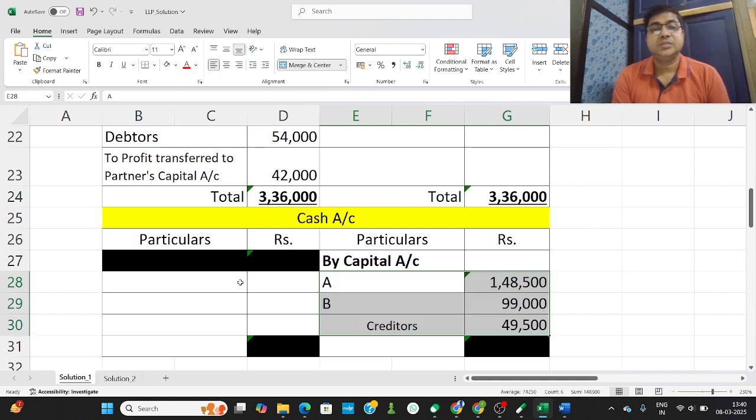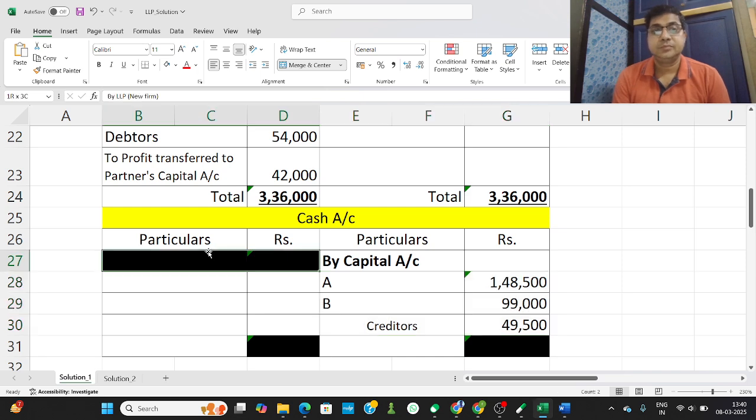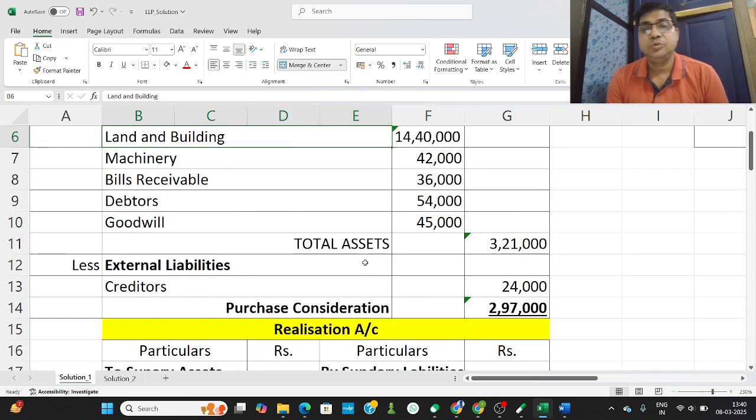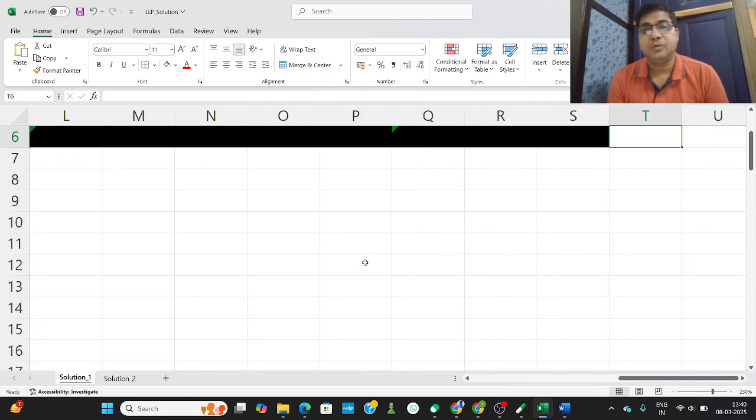So it is recorded. This LLP's purchase consideration we recorded here, and the contribution we have to show in the partners' capital account.